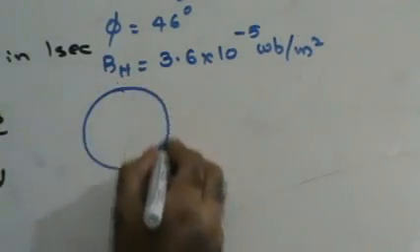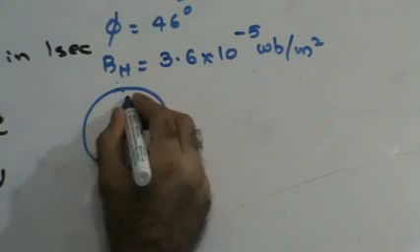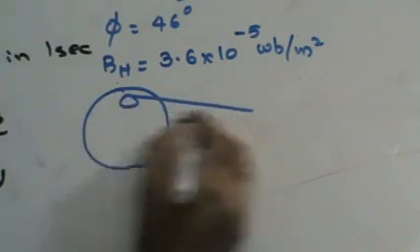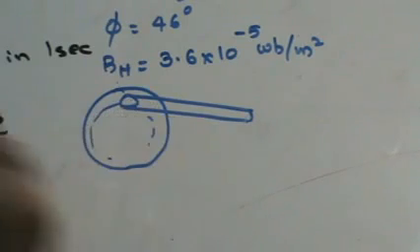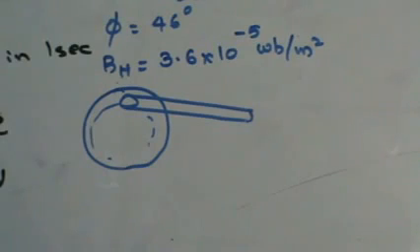Guys, this is the wheel. This is the axle, which is going to rotate this way. Right? So as it rotates this way, it is going to cut the vertical component of the Earth's magnetic field.